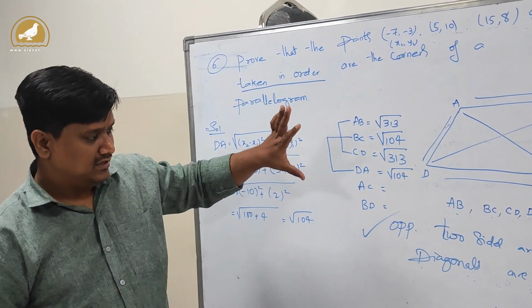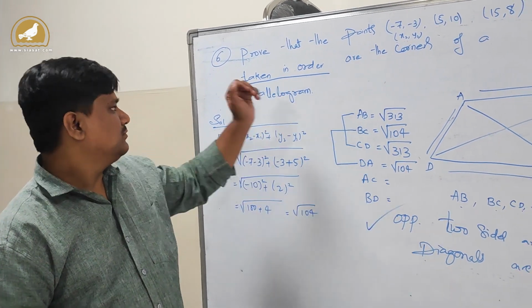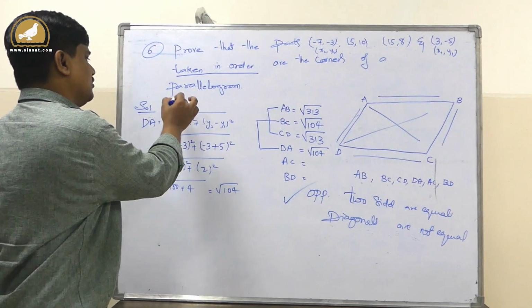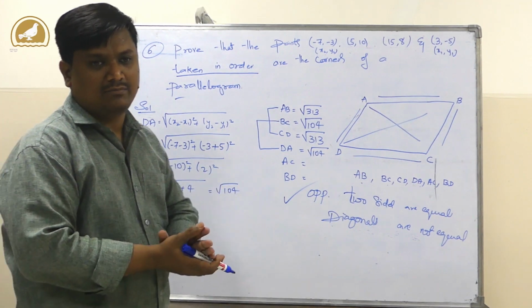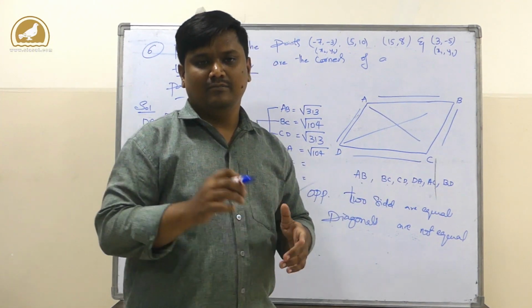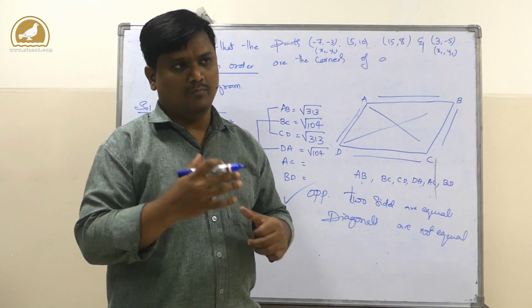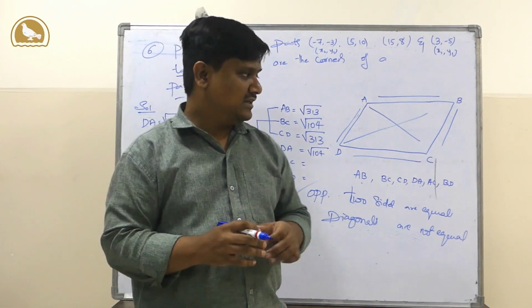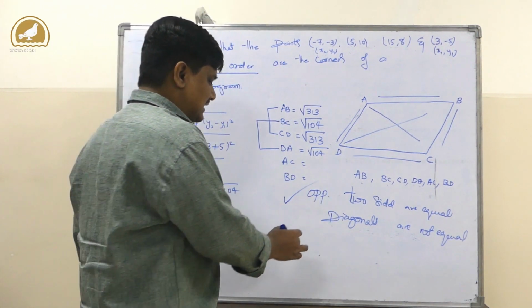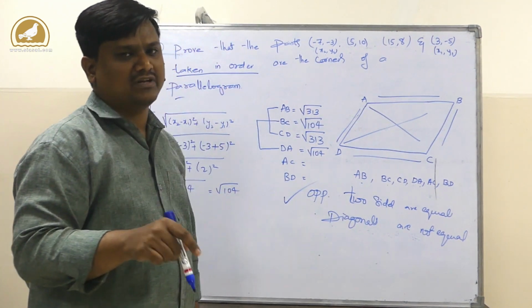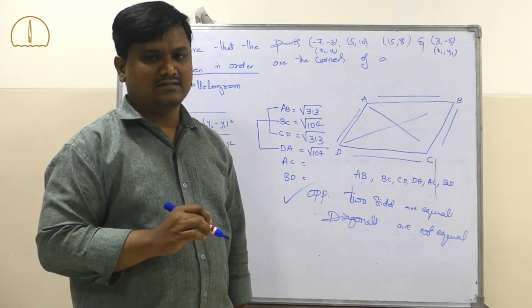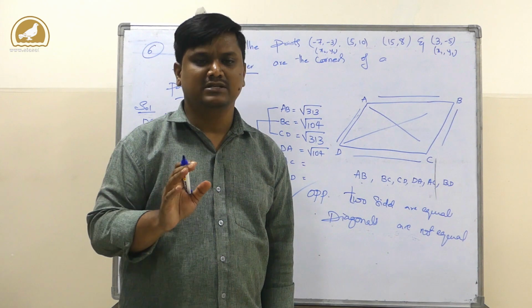But still we cannot say that these 4 points form a parallelogram. It can be a rectangle, because in the case of a rectangle also opposite two sides are equal. Now we need to prove that diagonals are not equal. If we are able to prove that diagonals are not equal, then we can say that these 4 points form a parallelogram.